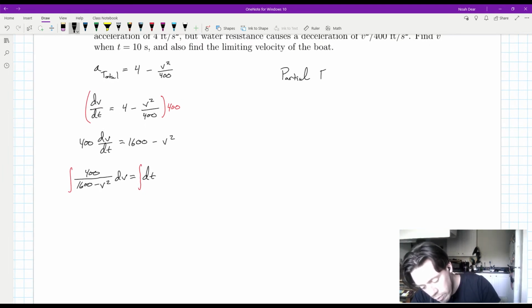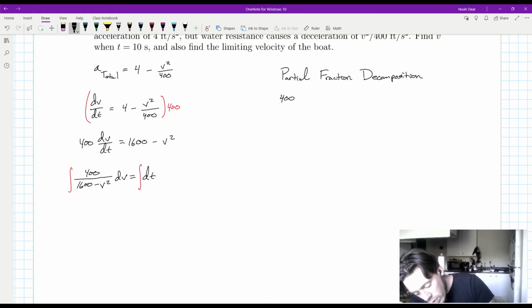Partial fraction decomposition. And so I'm going to take that fraction and factor the denominator as 40 minus v times 40 plus v.